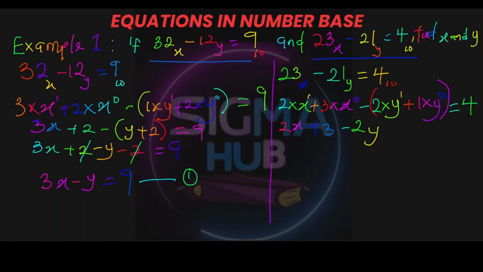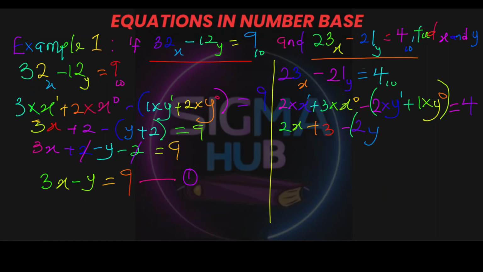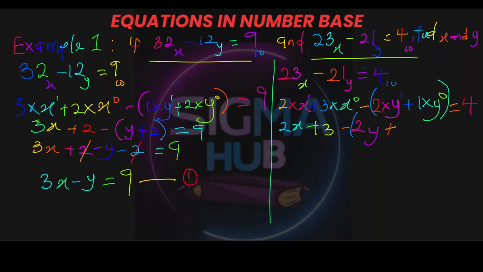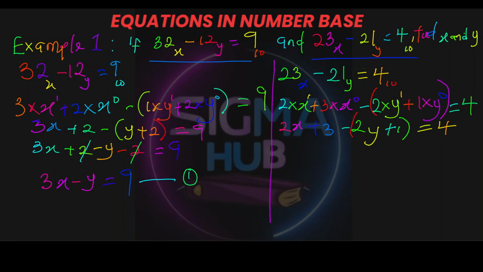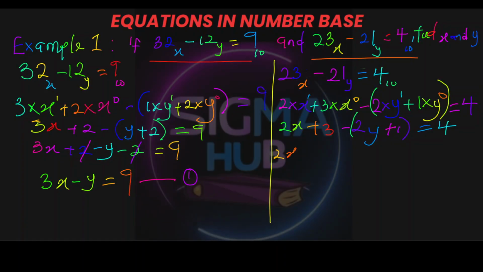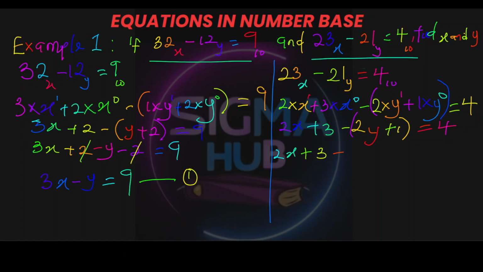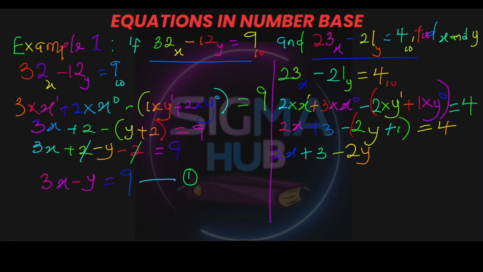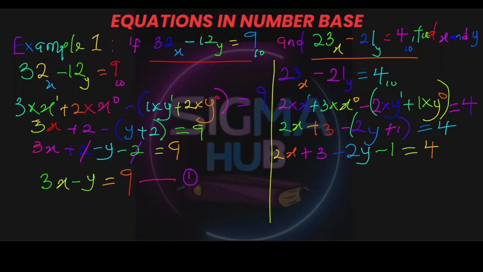Let me still put my bracket so that you are not confused. So we are going to remove the brackets now. So we have 2x plus 3 minus 2y minus 1 equal to 4.